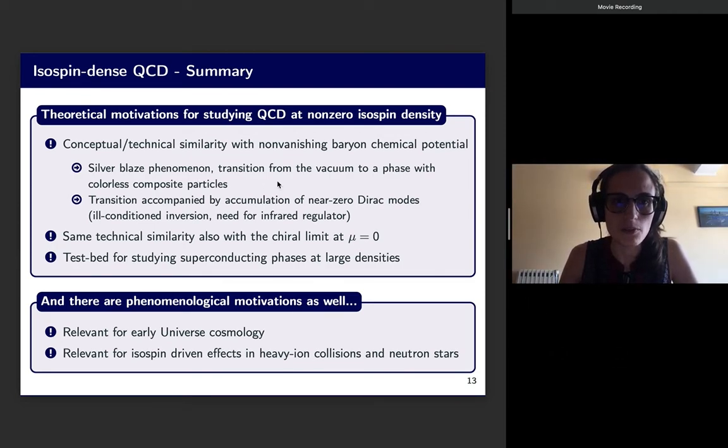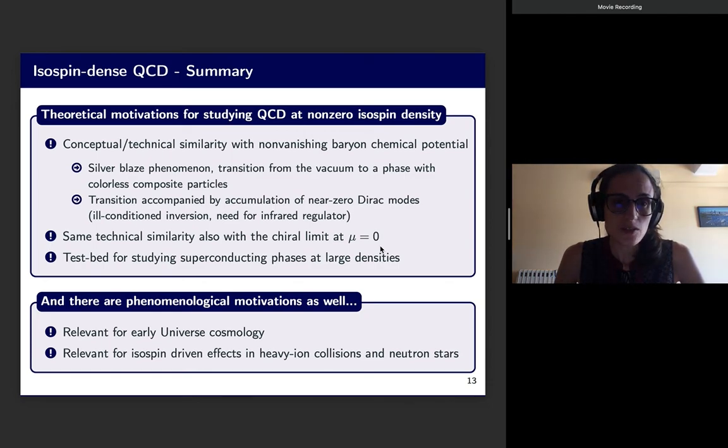There is the Silver Blaze phenomenon, so a transition from the vacuum to a phase with colorless composite particles in both cases, and in both cases the transition is accompanied by an accumulation of near-zero Dirac eigenmodes, and then we have an ill-conditioned inversion that we need to take care of by introducing an infrared regulator in the theory. The same technical similarity is also there with the chiral limit in the case of nu equals 0, as we have discussed in this analogy between pion condensation and chiral symmetry breaking.